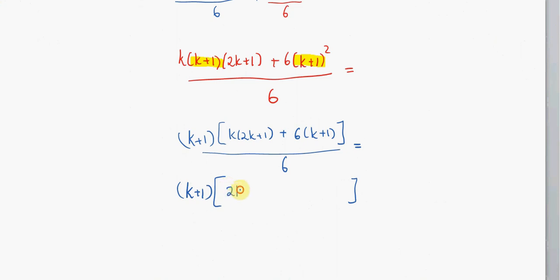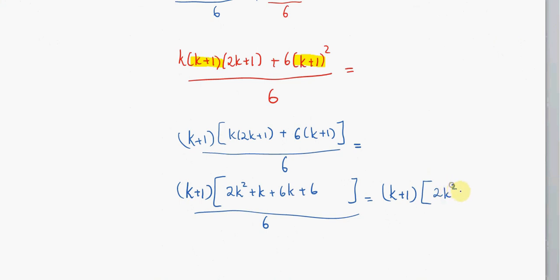This is going to be 2k squared plus k plus 6k plus 6, all of this over 6. Everything that's inside of the square bracket here is going to be k plus 1, and then the stuff in the square bracket is 2k squared plus 7k plus 6, and all of this being divided by 6.